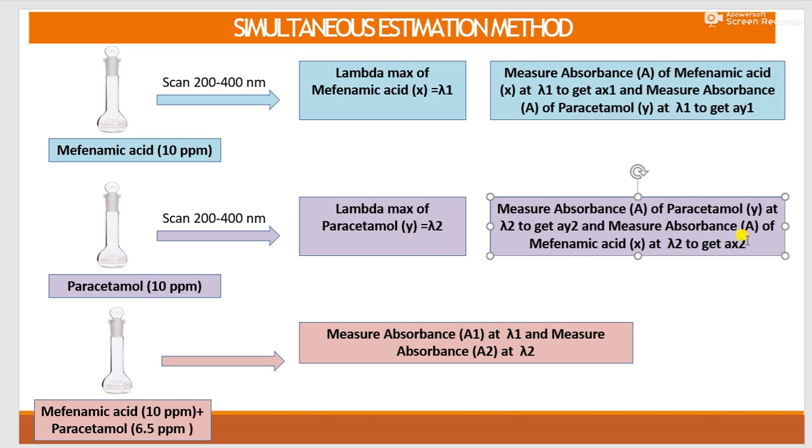So you will get all the absorptivities, that is AX1, AY1, AX2, AY2. Now for the sample solution you just take the absorbance at lambda 1 and lambda 2.